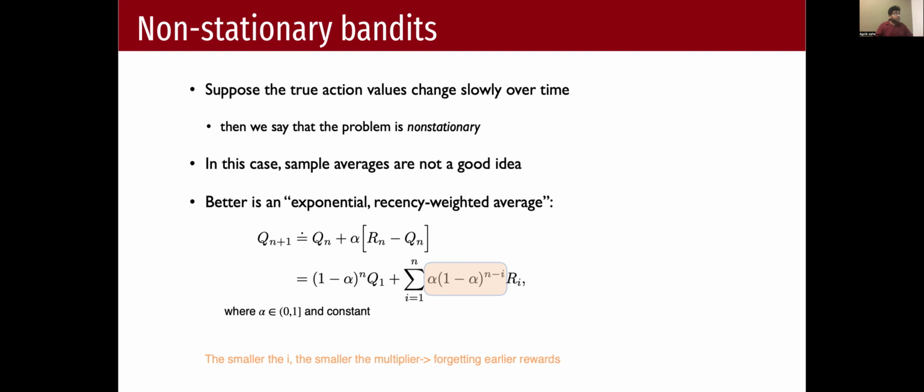And what is alpha here? Alpha is a constant between 0 and 1 that determines how quickly the estimate adapts to a new observation. The smaller the alpha, the smaller the multiplier. So this is in case of non-stationary bandits.